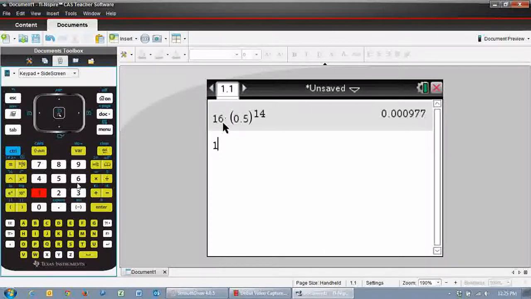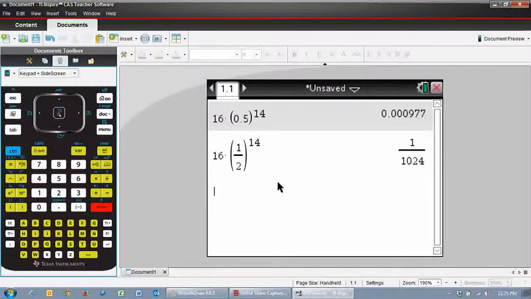Let me do it again, and instead of writing 0.5, I'll put it in the calculator as a half by putting in a fraction. And let's see what happens. What do you think will happen? Half, to the power of 14.